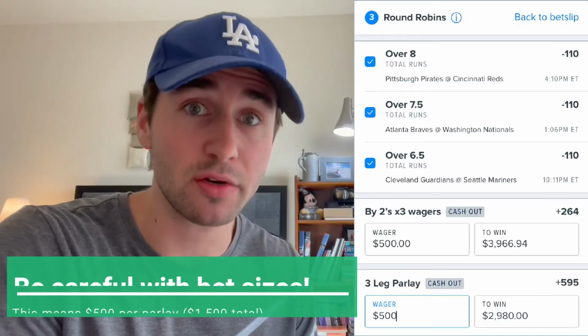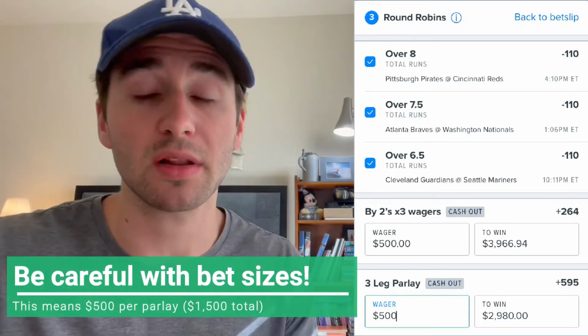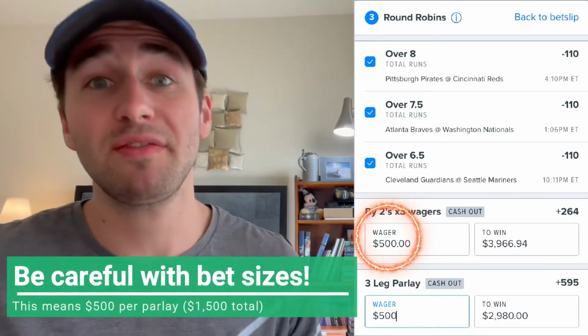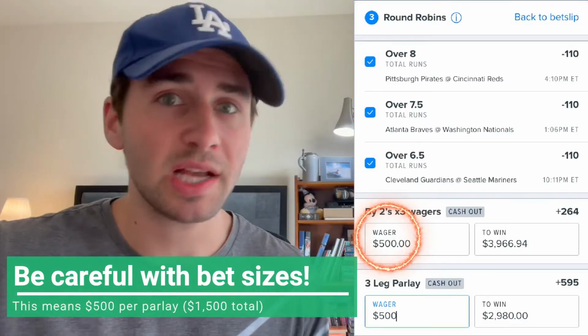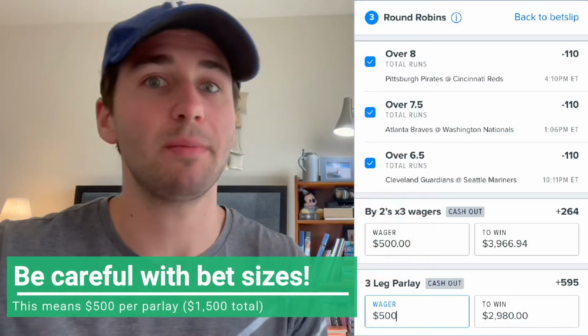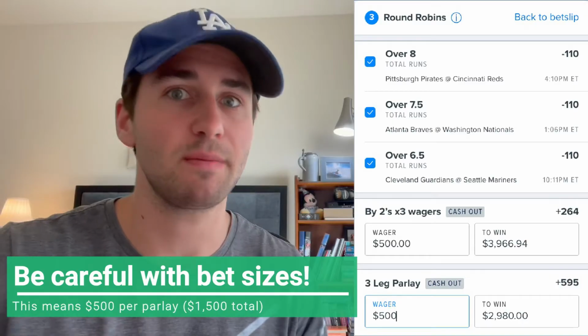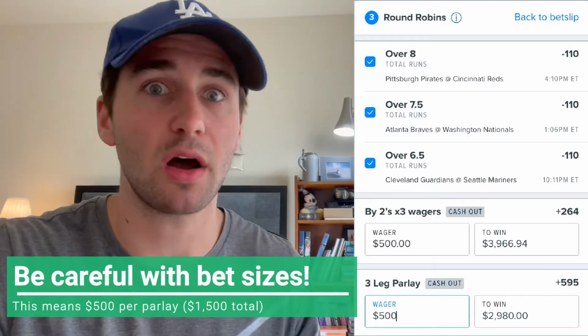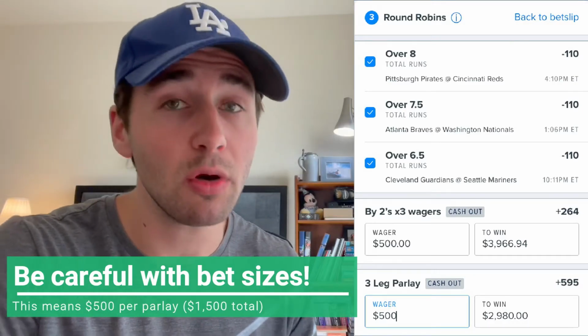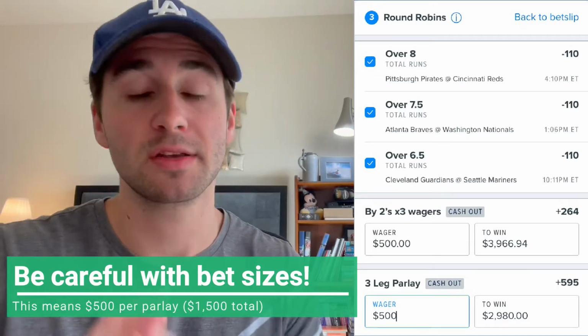You're betting $500 on 3 different parlays. So your total stake would be $1,500. I wanted to clarify that because you'll see some people start to bet on round robins. They'll place a 3-pick round robin for $100. They think they're betting $100 total, but it's actually $300 total. So that's just one point to clarify before we continue explaining round robins and how to make money with them.